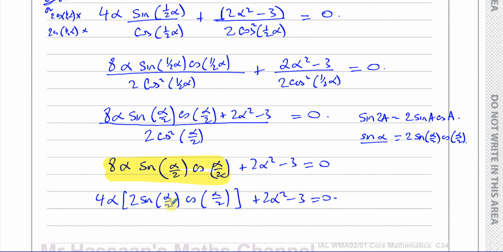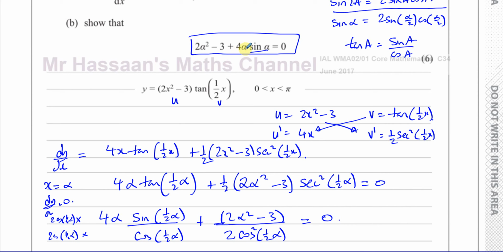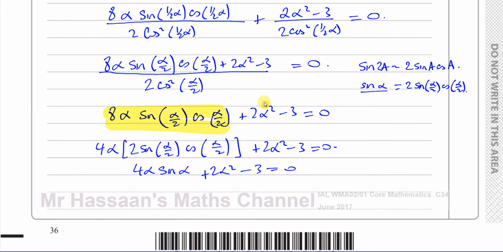This now I can replace with sine alpha, using the double angle formula for sine. So I have 4 alpha times sine alpha plus 2 alpha squared minus 3 equals 0. And that's exactly what we have to show. So it's exactly the same thing.